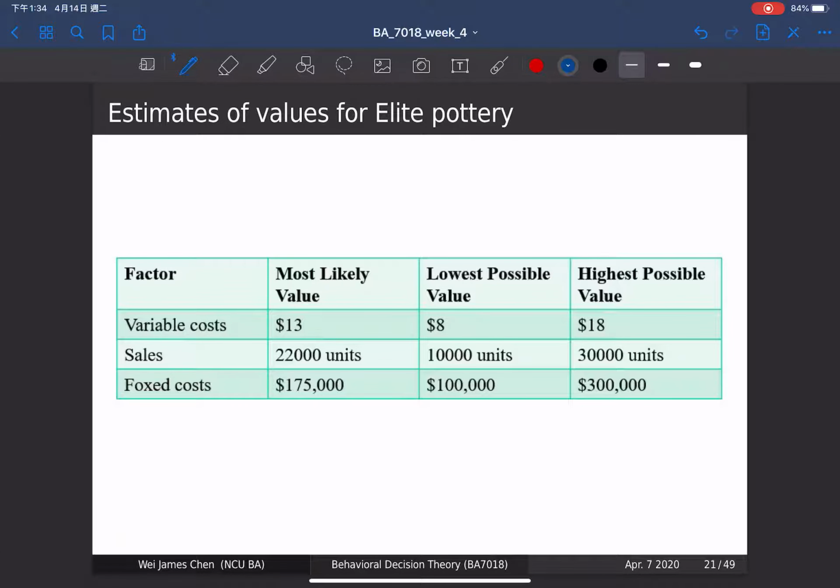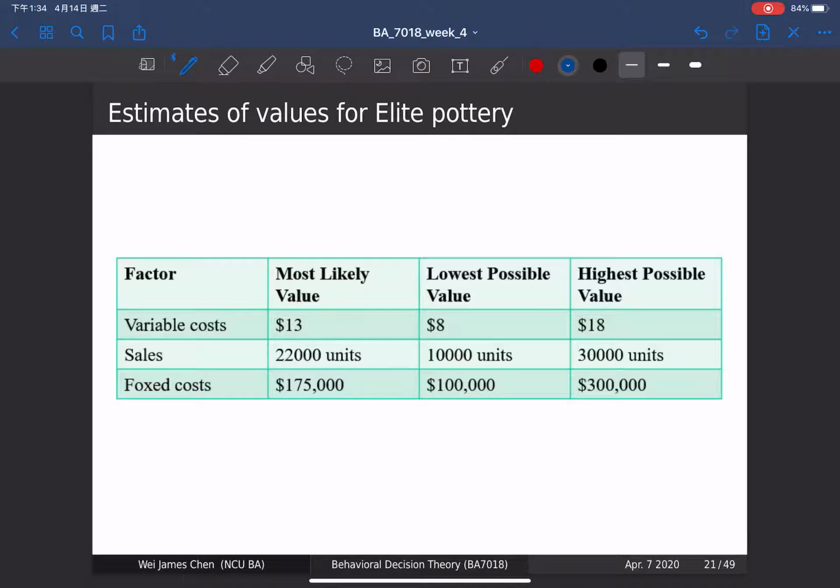What's not certain is the variable cost. For example, the variable cost is most likely to be $13, but the lowest possible value is $8 and the highest possible value is $18. Sales could be 22,000 units as the most likely, but the lowest possible case is 10,000.